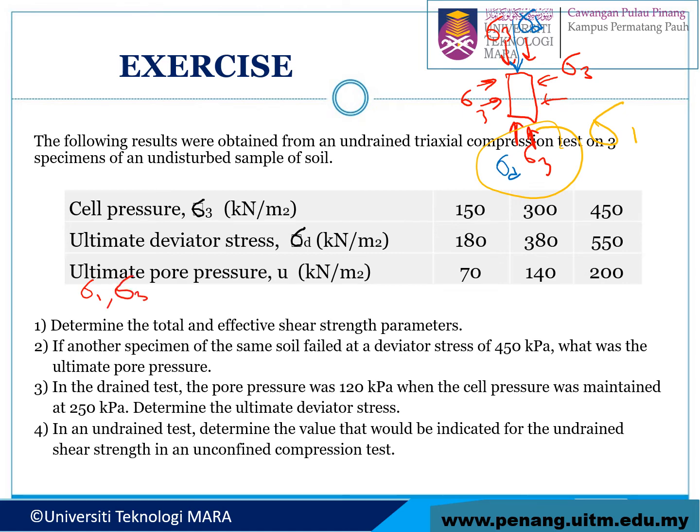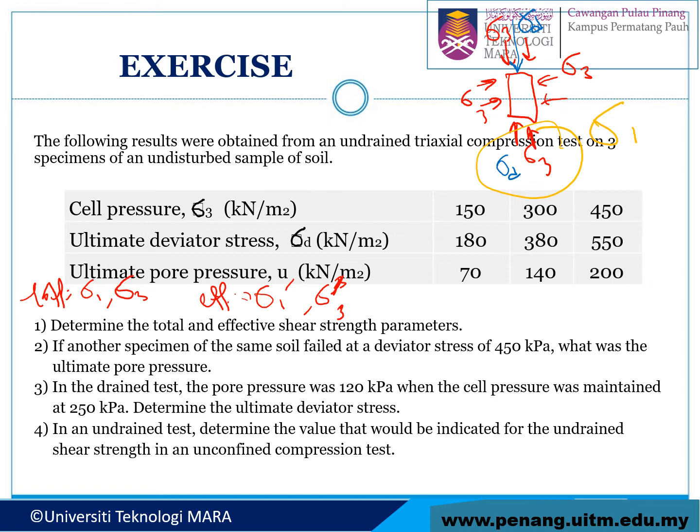For effective, you have to determine sigma 1 prime and sigma 3 prime, where sigma 1 prime is equal to sigma 1 minus u. Alright, so now how do we determine the value of sigma 1?